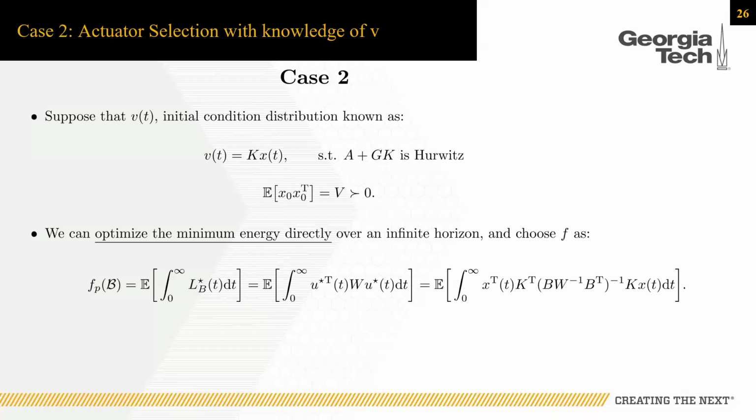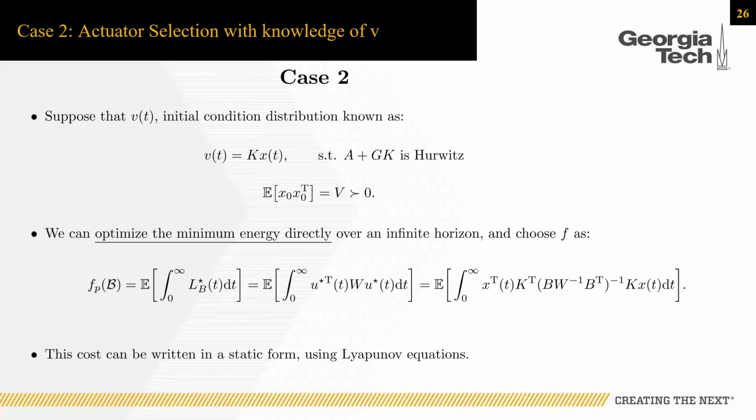Because I know V, I can pick it as KX, right? And then you see that I have eventually this infinite horizon F of P. Okay. So now I want to minimize that guy over here. Okay, and then my freedom is this BW inverse B transpose.